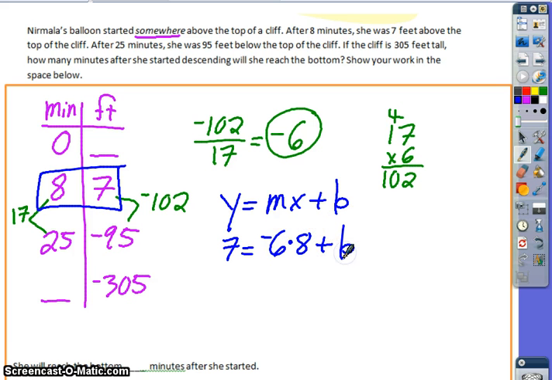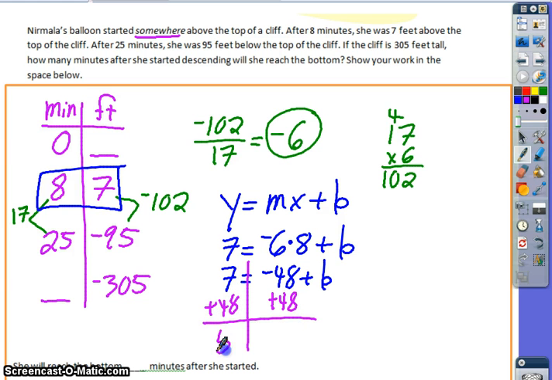I don't know b, so I've got 7 equals negative 48 plus b. At this point, I'm just going to solve this. It's just an equation I'm trying to solve for b, just like in other equations we'd solve for x. So I'm going to add 48 to both sides. That gives me 55. Those cancel. I'm left with 55 as my b.